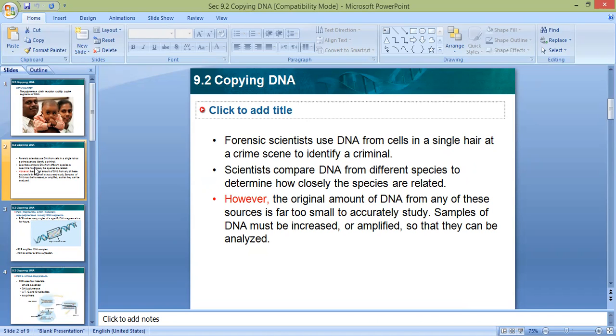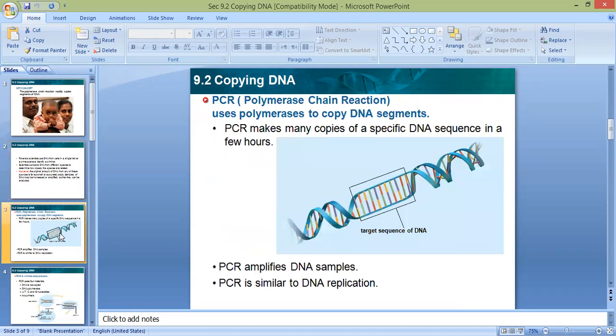So the original amount of DNA is too small to study. So they take these DNA samples and increase or amplify them by using PCR, making many copies. PCR is very similar to replication, but PCR is done in the lab. It makes many copies of a specific gene. The difference between PCR and replication is that replication happens inside the cell normally and one time for each cell.